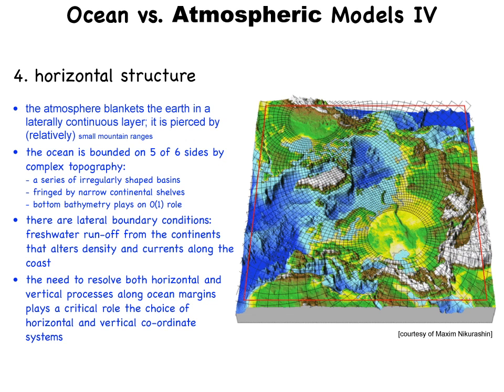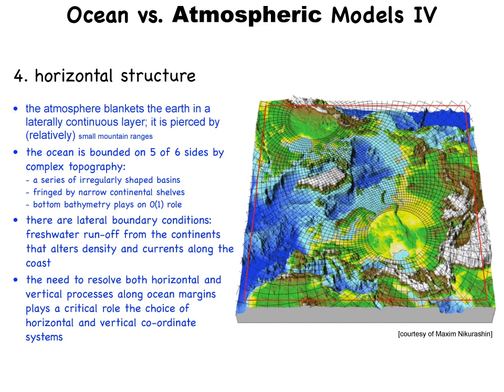Okay, a big difference that actually makes the ocean problem a little harder is the horizontal structure. The atmosphere blankets the Earth in a nice continuous layer, and it's pierced by some mountain ranges, but they're really quite small compared to the depth of the atmosphere. The ocean, in contrast, is bounded on 5 out of 6 sides by very complex topography.